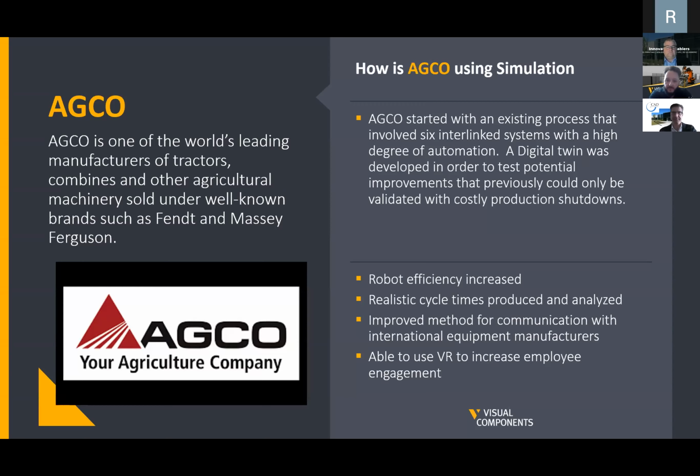This would be that next step in the process, where they said, how exactly are things going to fit together? This is also important because simulation isn't just for new manufacturing or new processes. This simulation was for existing processes.